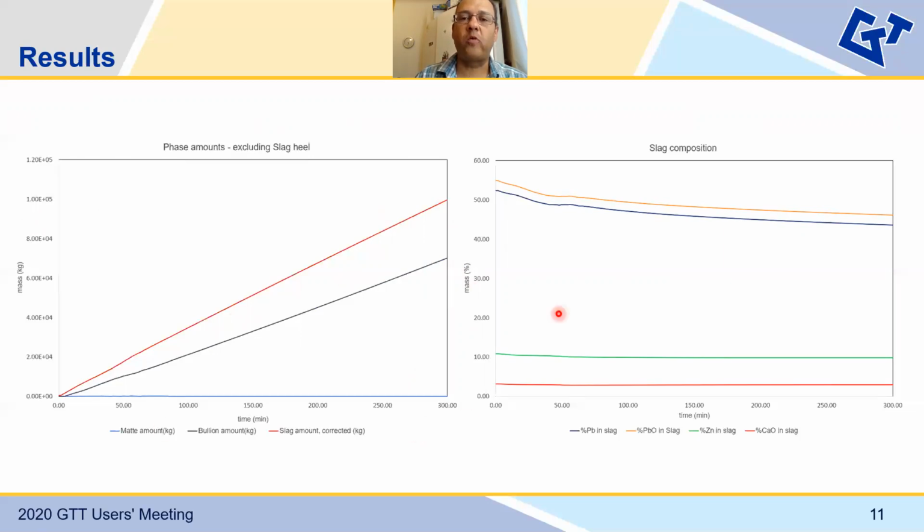The slag composition can be shown here on the right slide, so you can see how the slag composition varies with the time, and the amount of Pb in the slag is reasonable, and also the amount of zinc in the slag is also reasonable.